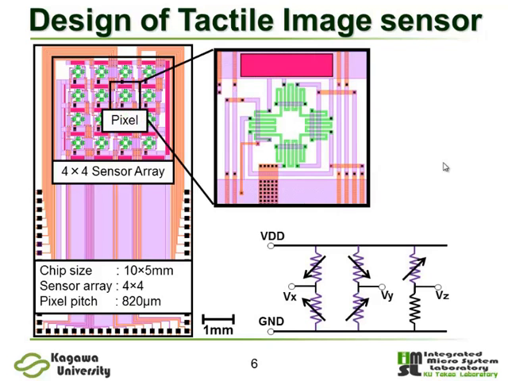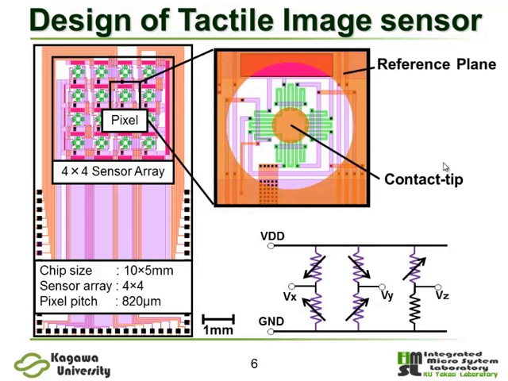This figure shows the detection circuit of a single pixel structure. In each pixel, the contact tip structure is formed with SU8 layer at the center of the circular diaphragm. The reference plane structure is also formed around the diaphragm in the sensing pixel array region.